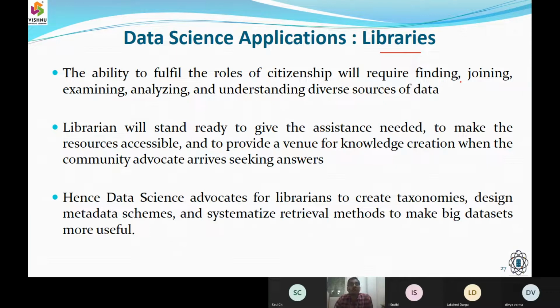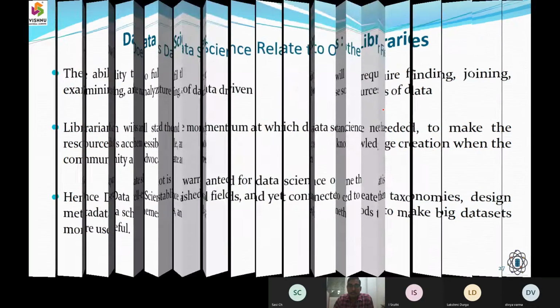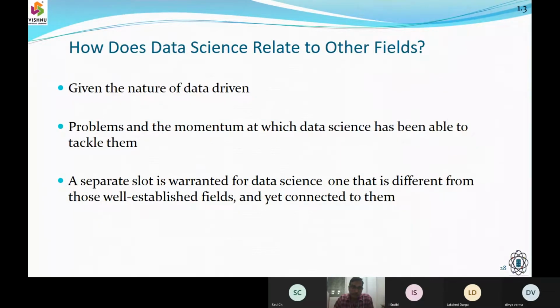They can examine the sources, get knowledge, and this is where library taxonomies are being designed. Its metadata is retrieved and can be passed on to the citizens. So this is another application where data science is going to look at.